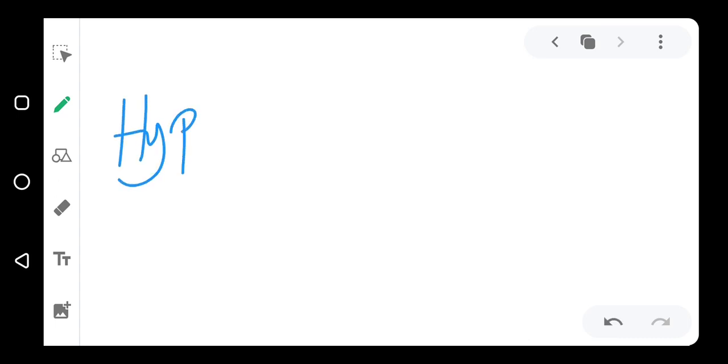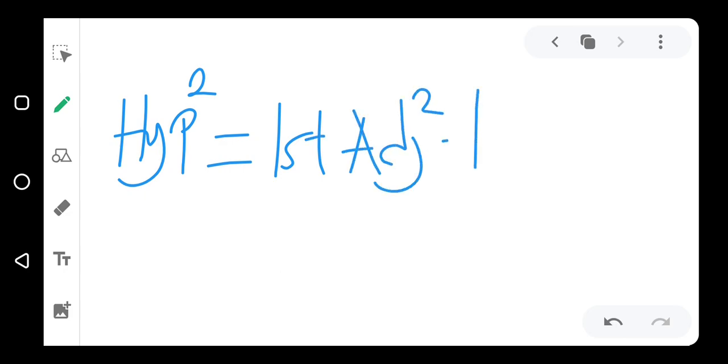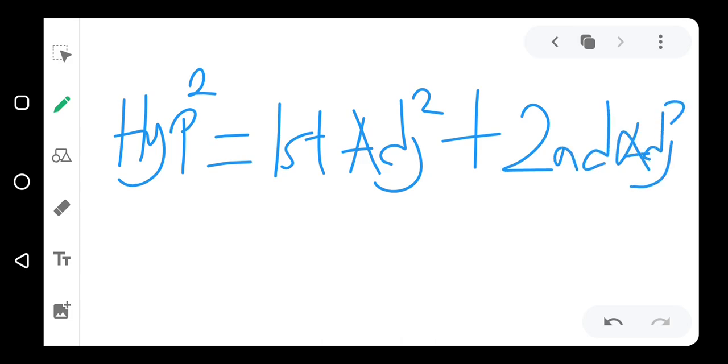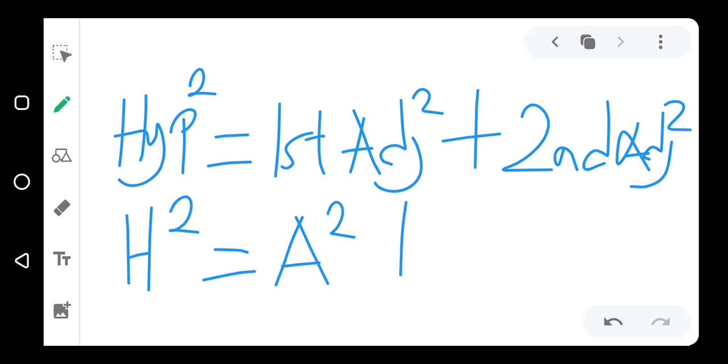Hypotenuse squared is equal to first adjacent squared plus second adjacent squared. Or if we represent the hypotenuse with h and then the other sides as a and b, then we can now say that h squared is equal to a squared plus b squared.